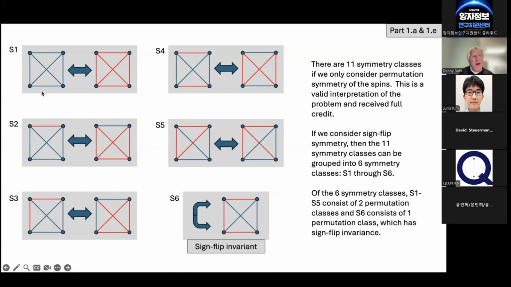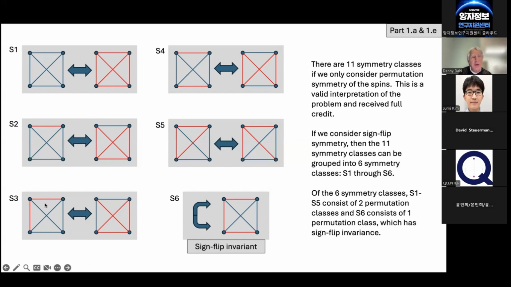And so it turns out that the symmetry classes are actually fairly easy to construct this way. If all the interactions are ferromagnetic, there's only one way that you can put them together, and that's what this picture represents. If you turn one of the interactions into an antiferromagnet, it doesn't matter which of the six it is. So all six of those possibilities are represented by this one class here.